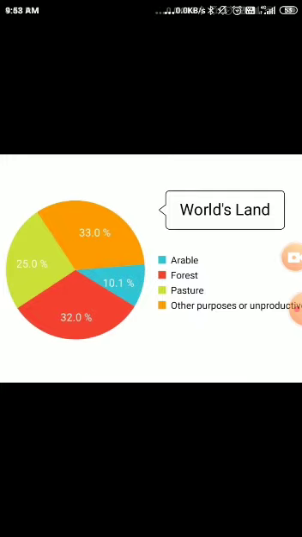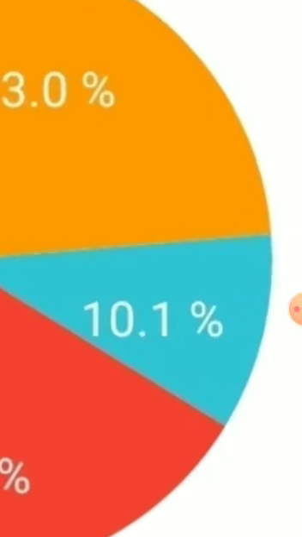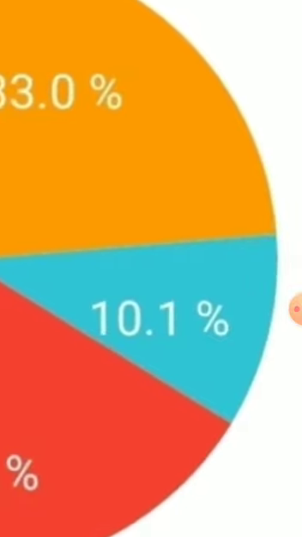As per your book, about 1/10 of world's land is arable land, that is suitable for agriculture. 1/10, here it is shown 10.1%, so there is a little mistake, it should be 10%. So, as per your book, about 1/10 of the world's land is arable, that is suitable for growing crops, and as per this pie chart, it is 10%.